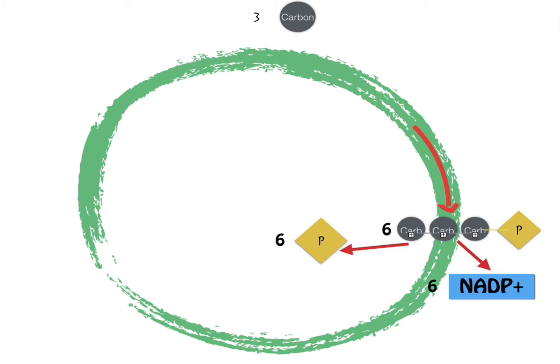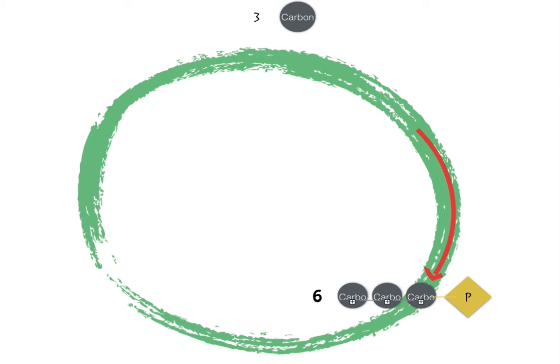So the energy now has been transferred to this molecule right here, and there's 6 of them. This molecule is really important because now it has the energy from the ATP and the energy from the NADPH, right? For short, you can call it G3P, or glyceraldehyde 3-phosphate.